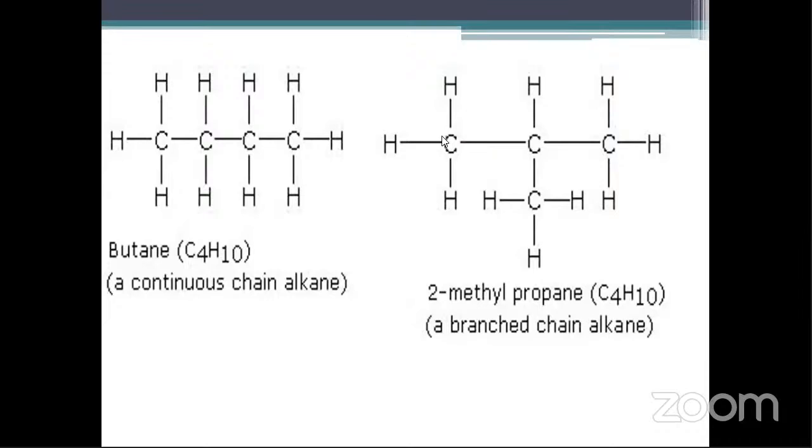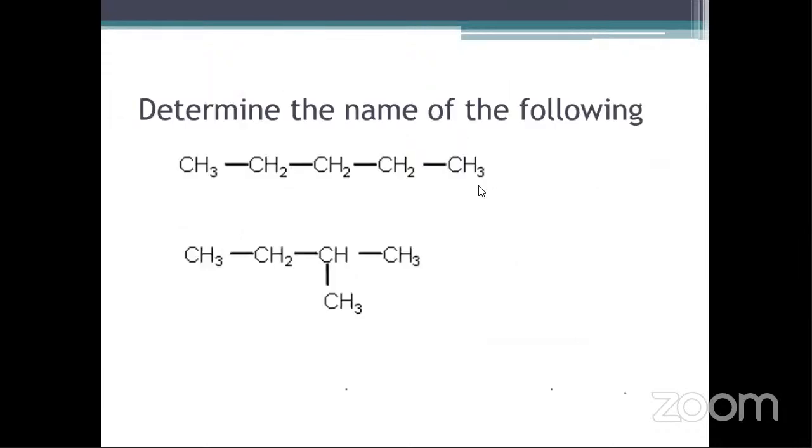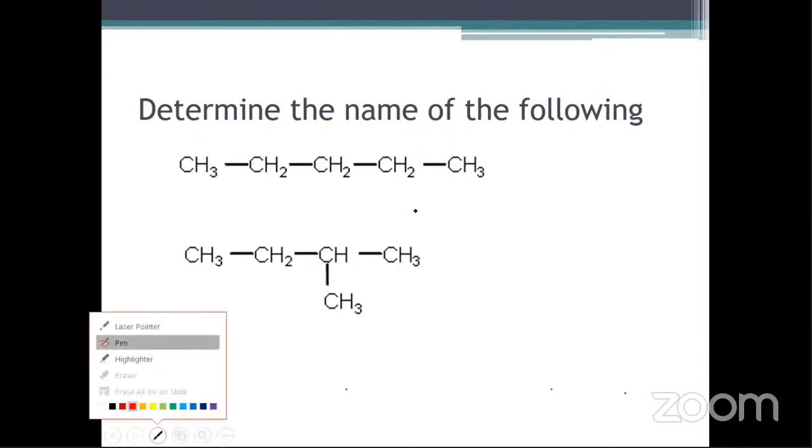So we spoke about naming alkanes. This is a continuous chain, and this one is a branch chain with a branch attached to it on your right hand side here. Who can tell me the name of this compound?